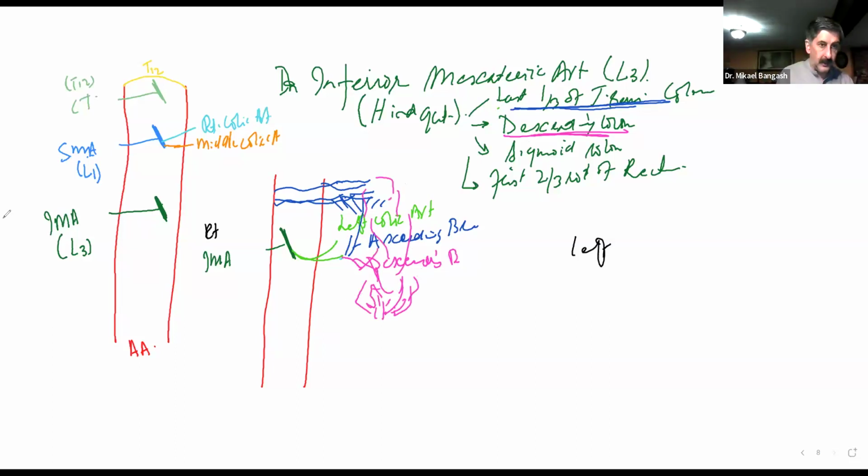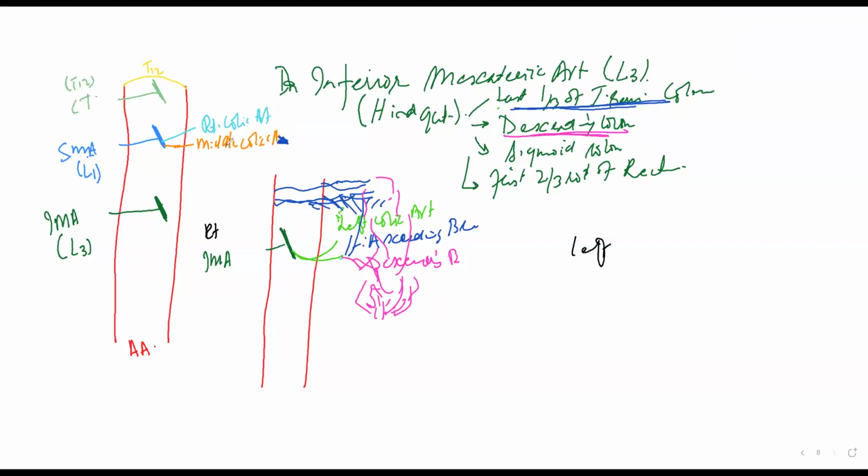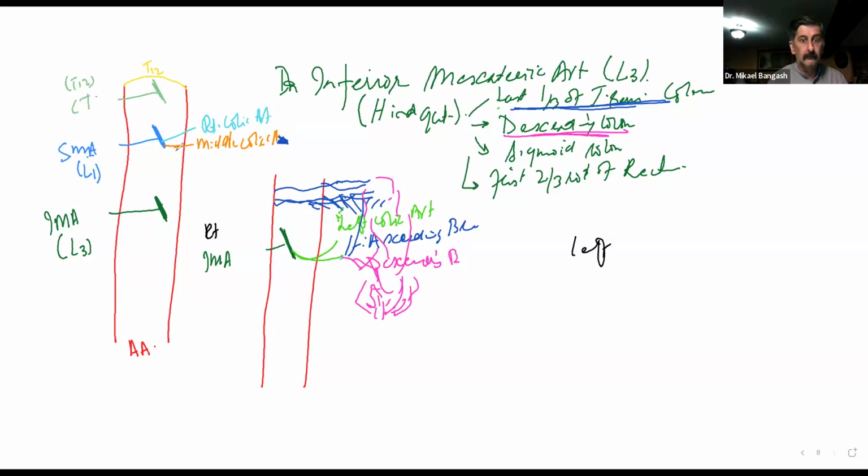We can also say that some of the branches of the ascending branch of the left colic artery will anastomose with those arcades of the middle colic artery. Did you guys get that? It joins with the what colic artery? The middle colic artery. Okay.